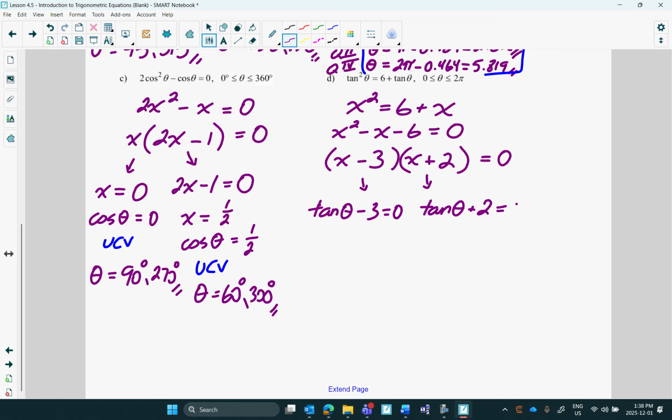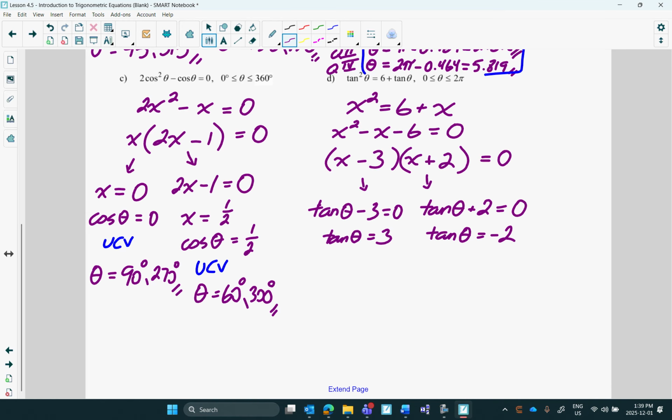The only reason we replaced it to begin with is it made our factoring a little bit easier to look at. So I get tan theta equals 3 and tan theta equals negative 2, which unfortunately are neither unit circle.